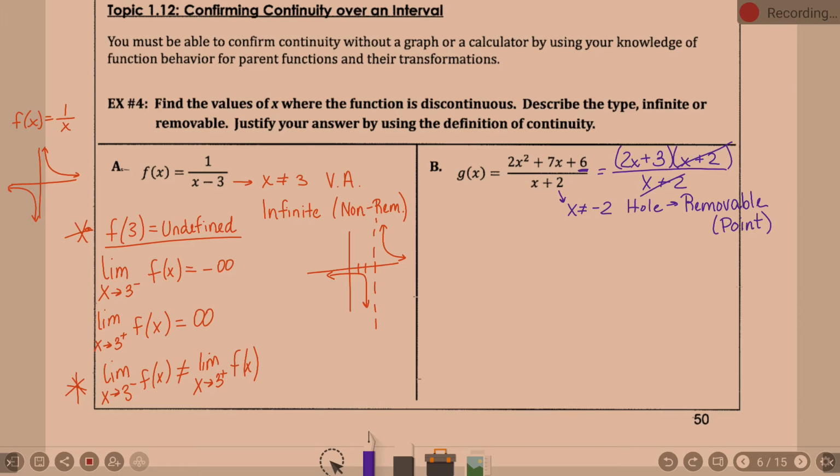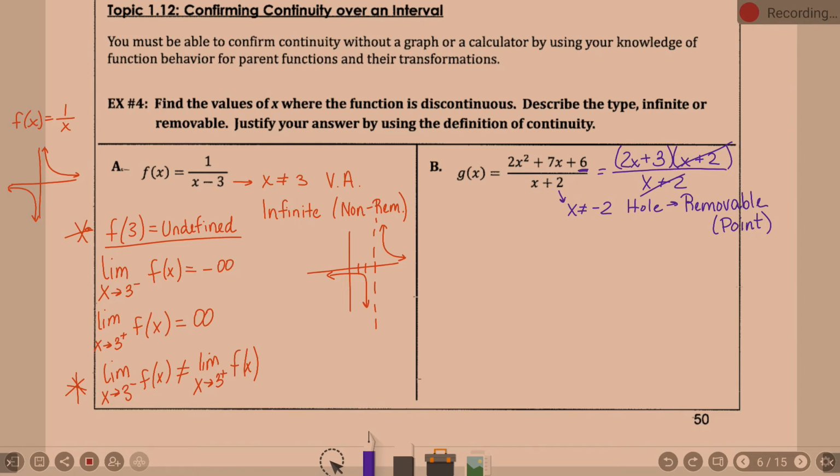So, okay. With this in mind, how can I justify that this is not continuous? I'm trying to decide how I want to answer this myself. There's a removable discontinuity.